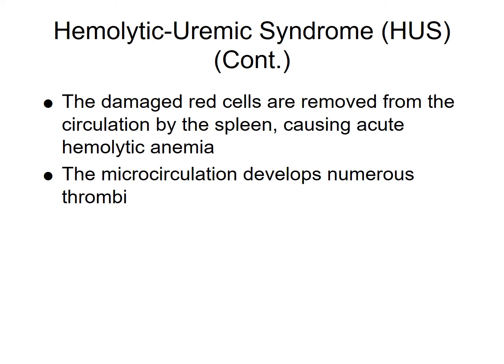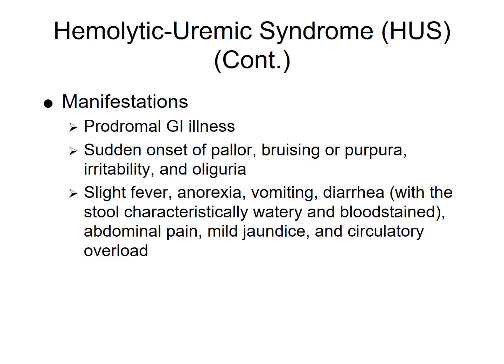The damaged red cells are removed from the circulation by the spleen, causing acute hemolytic anemia. The microcirculation develops numerous thrombi. The manifestations of this: prodromal GI illness, sudden onset pallor, bruising or purpura, slight fever, anorexia. These kids have watery, blood-stained diarrhea.